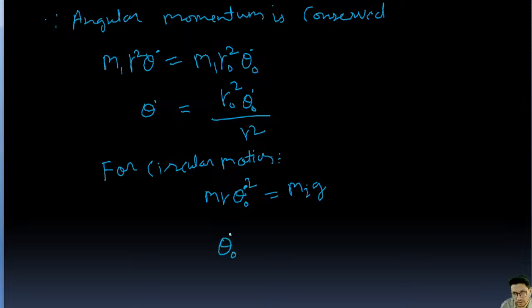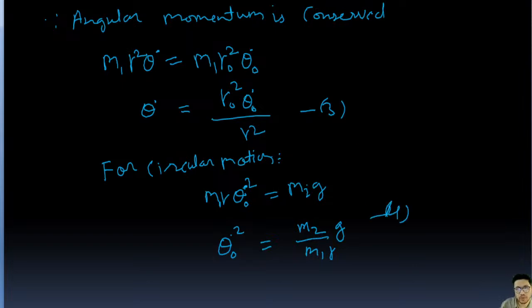This is m1, guys, the first particle. So theta naught dot square is going to be m2 upon m1 r g, right? So this is equation 3 and this is equation 4.